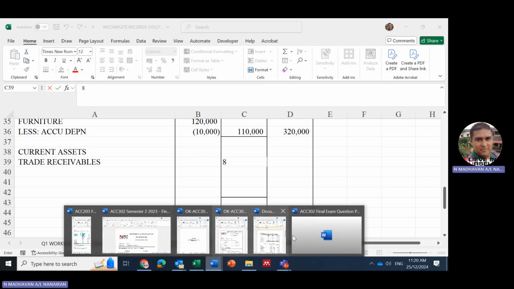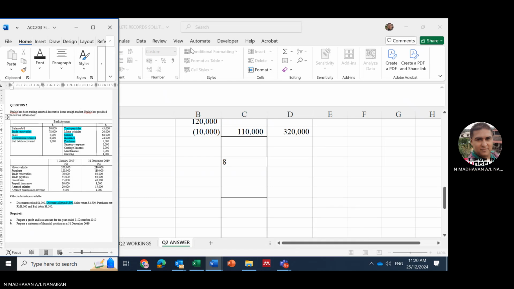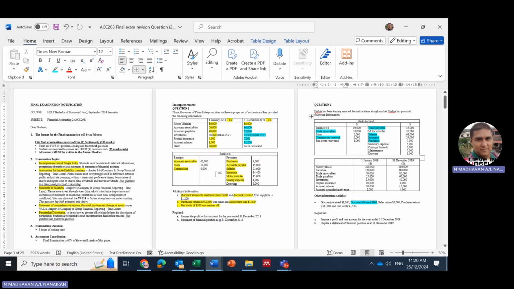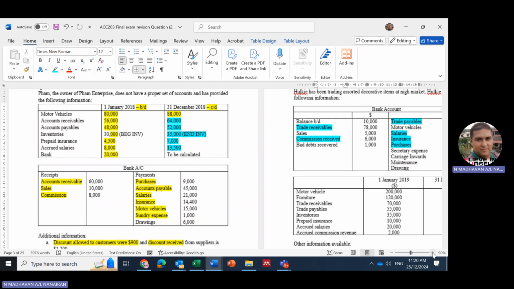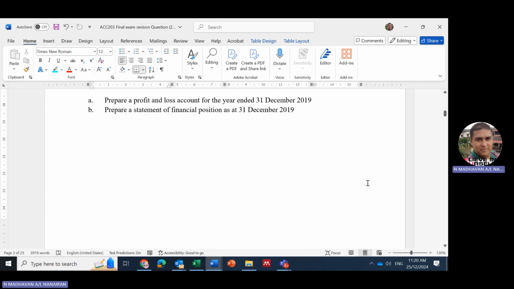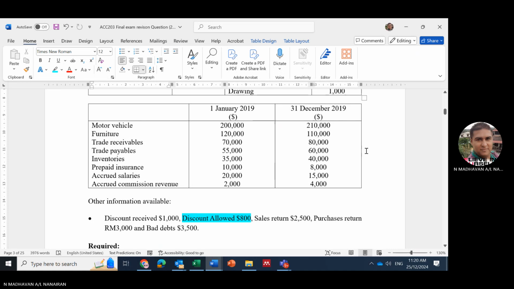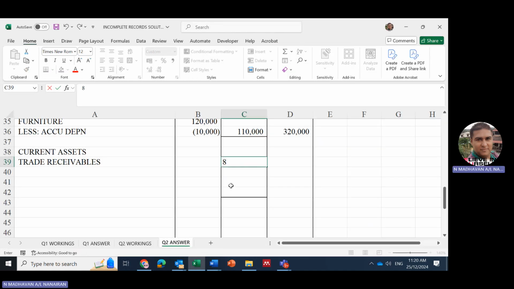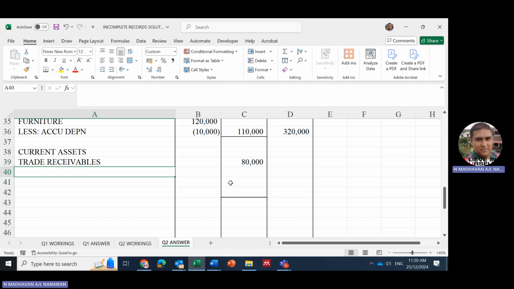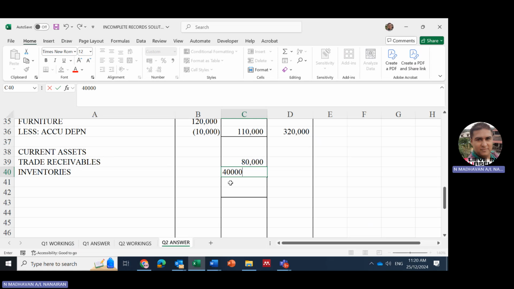Okay. Always remember when you do your balance sheet, you only take the end of the year figures. So trade receivable is 80,000. Inventories 40.